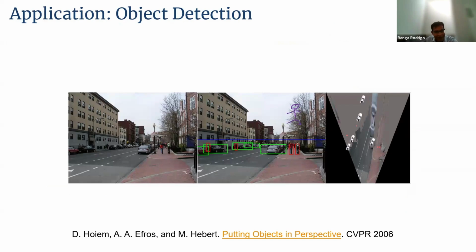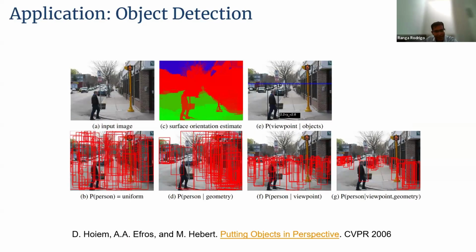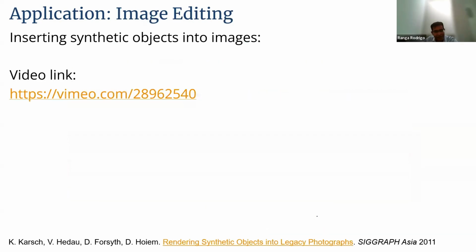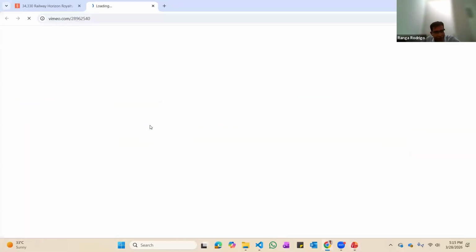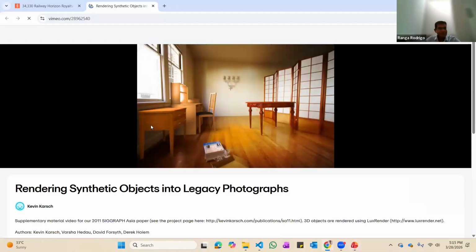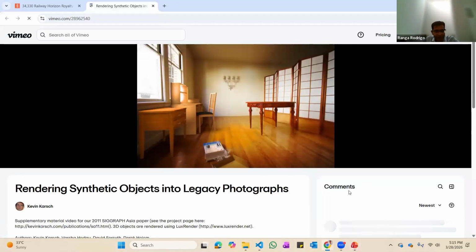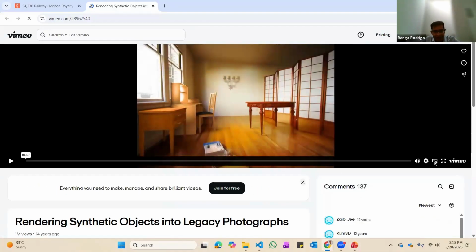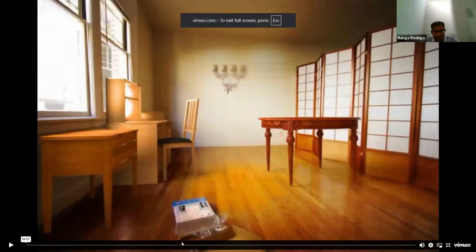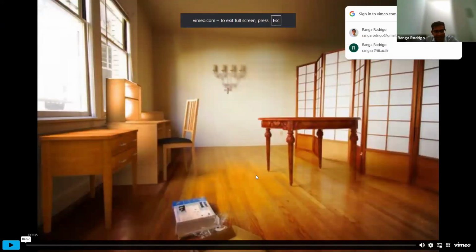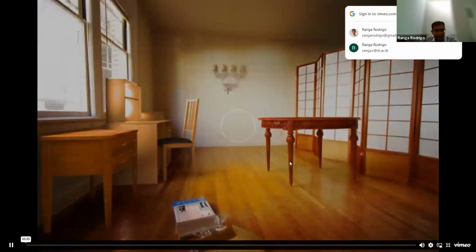They find people on treetops, but you can avoid them because you know the geometry here. So you can eliminate these incorrect detections. So this is the video. I'll show you what application they have done. It's quite beautiful. You can see by estimating the 3D nature using these lines and so on.